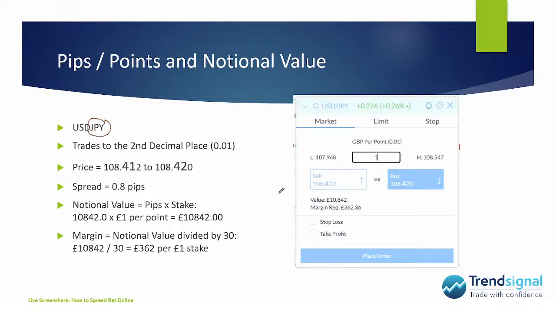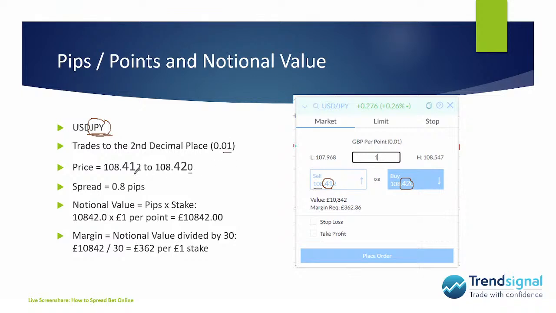You'll notice instead of being 1 point something, it's 108 point something. 0.41. You'll notice that the 41 has a bigger font size. The 42 has a bigger font size, and so on. That's because when you trade a JPY pair as a spread bet, CFD or margin FX, you're typically trading it to the 2nd decimal place.